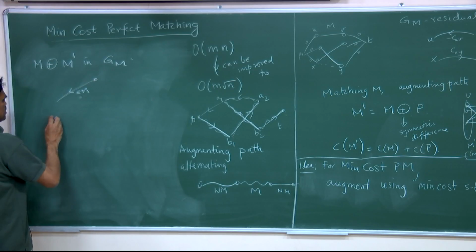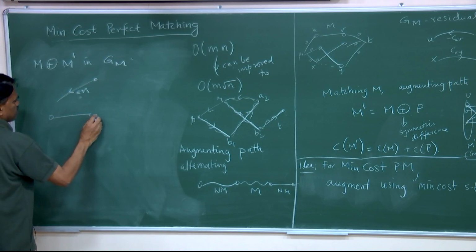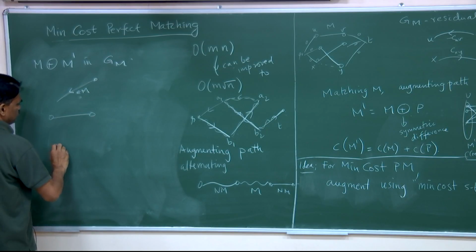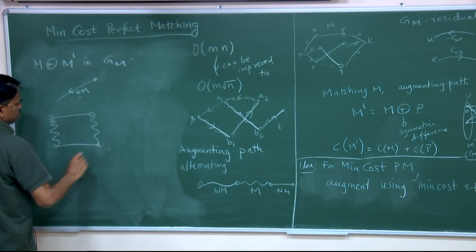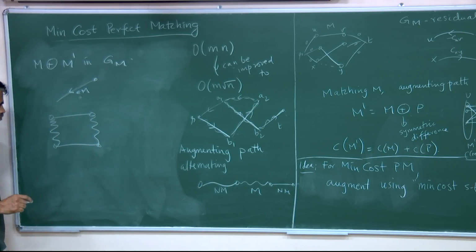Two perfect matchings. Here is one perfect matching, and here is another perfect matching. Then it will look exactly like this, a cycle, because I am throwing away edges which are common to both.